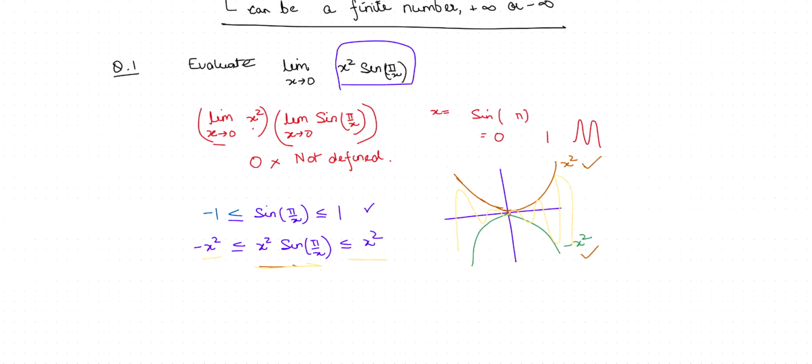So we see that as x approaches 0, the graph of x square sine pi by x is nearly at 0. As x is approaching 0, the value of the function is also approaching 0. So can we write this in the limit, taking the limit of each side now?